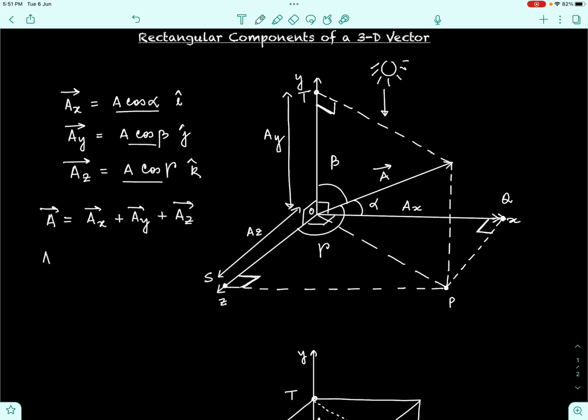Also, we can find out the magnitude of vector A by using the same expression that we have used in 2 dimensions, but just extending it to the 3rd dimension also. Magnitude will be given by the square root of Ax squared plus Ay squared plus Az squared. This expression can actually be proved using geometry.